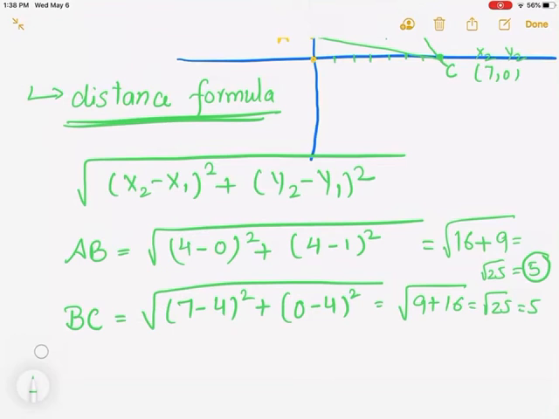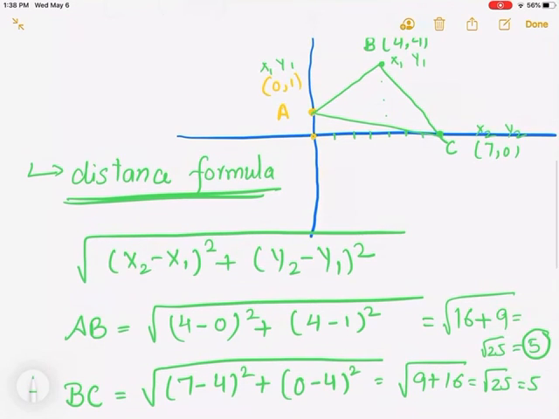Then I have the last one, which is AC. Keep in mind, some people get confused about which one to make x1 and which one is x2. It doesn't matter, because either way at the end it's just going to get squared, so it's not going to make a big difference. Anyways, last one, I have 0, 1 and 7, 0. So I would do x1, y1 here and x2, y2 here.